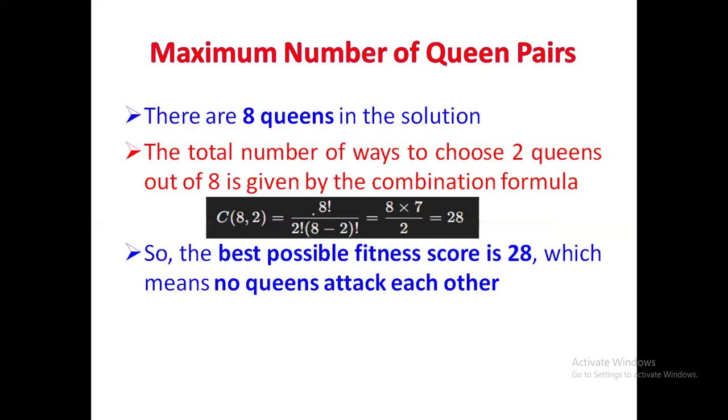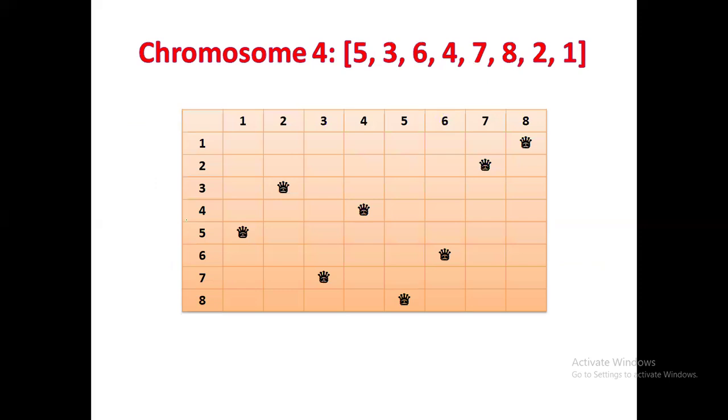In this we have to find out the maximum number of queen pairs. How are we going to find out? By using this formula. How many queens are there for all 4 chromosomes? We are finding that 8 queens are there.